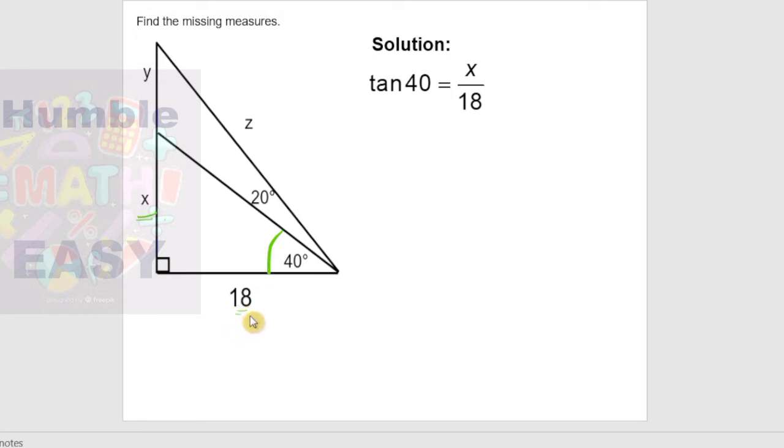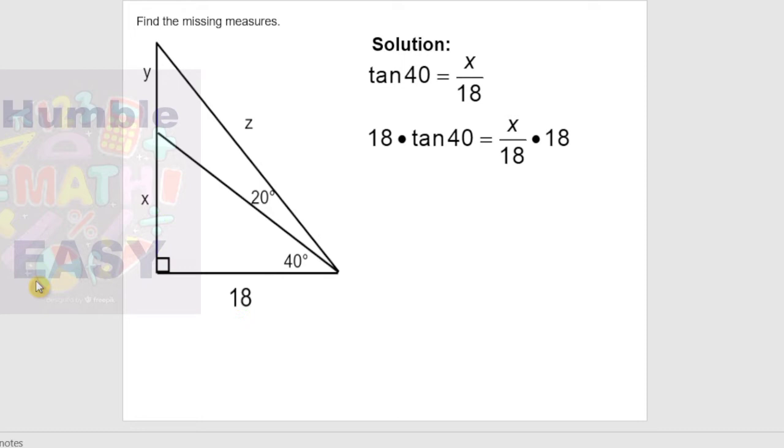So among the three from SOHCAHTOA, x here is the opposite, and since 18 is the adjacent, we could not make use of the SOH, but we could make use of the TOA, which means tangent is equal to opposite over adjacent. So since x is the opposite, x over 18. So tangent 40 is equal to x over 18.